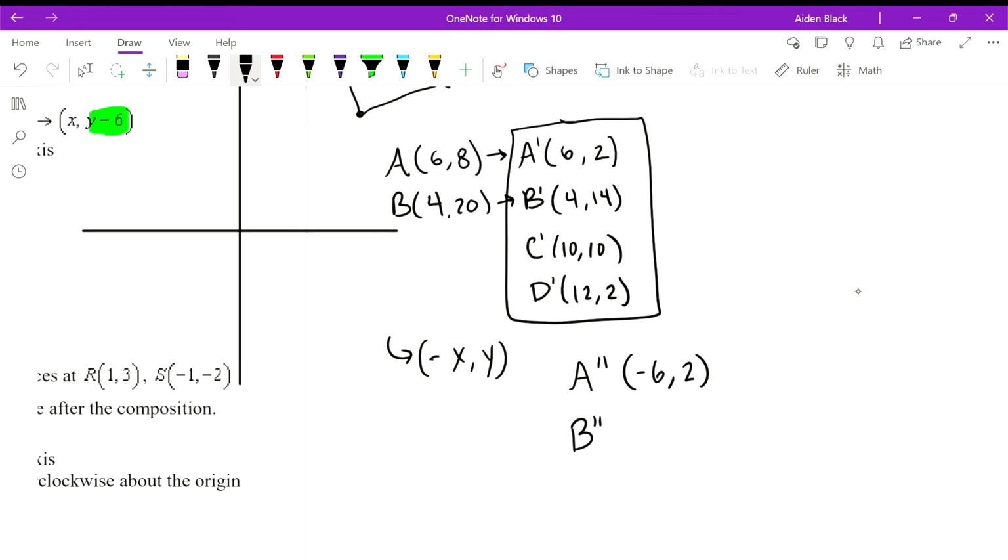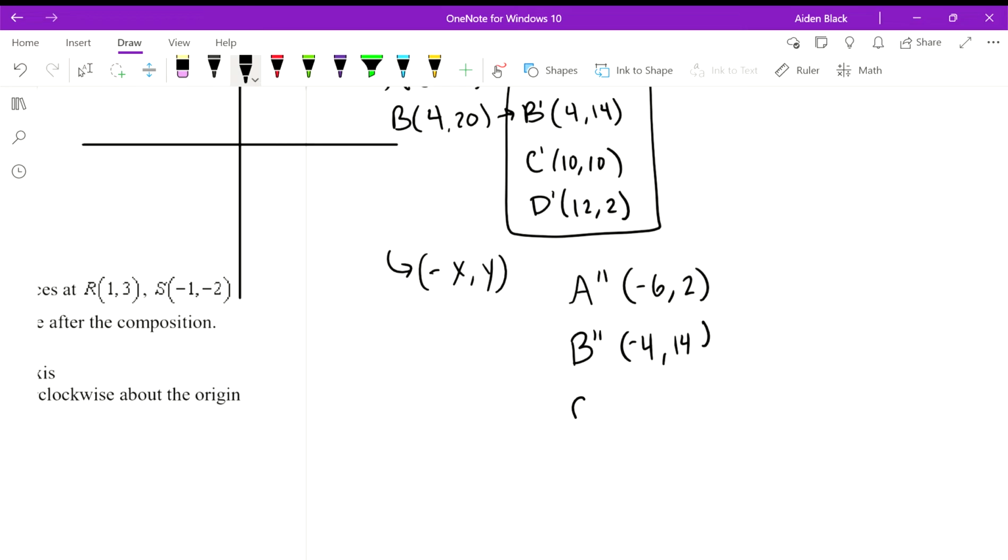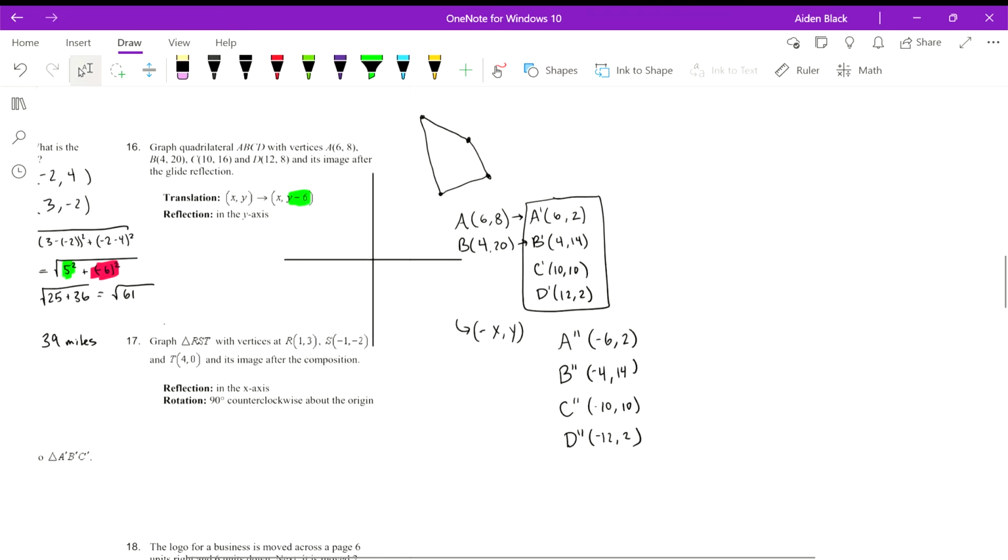B double prime should be negative 4, 14. C double prime should be negative 10, 10. And then D double prime should be negative 12, 2.